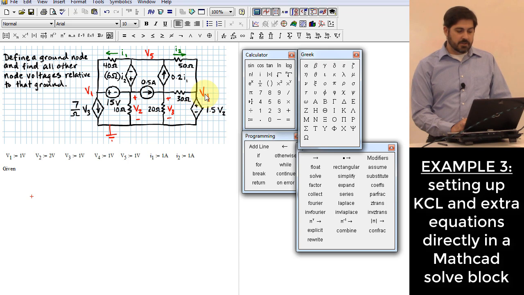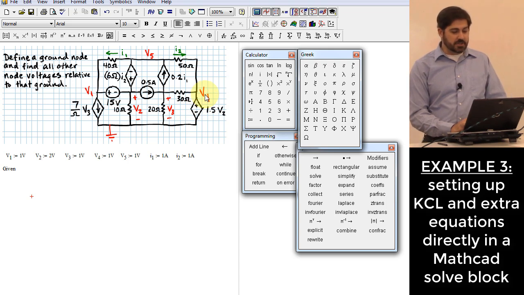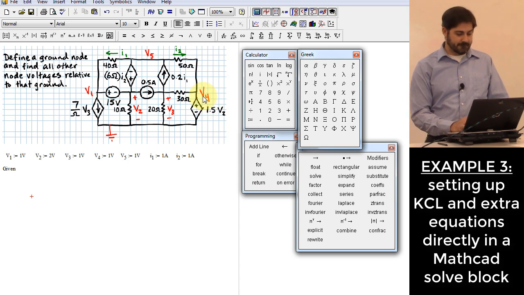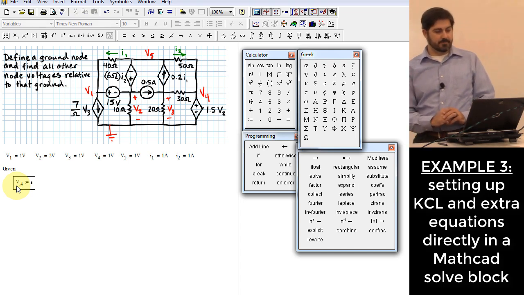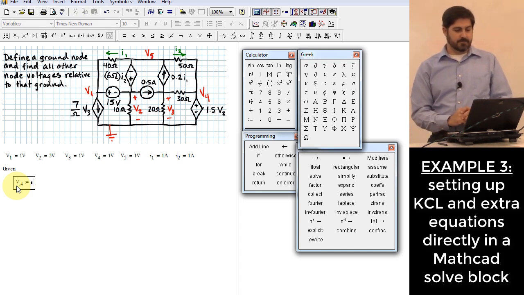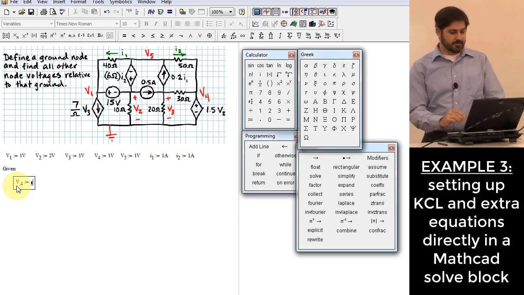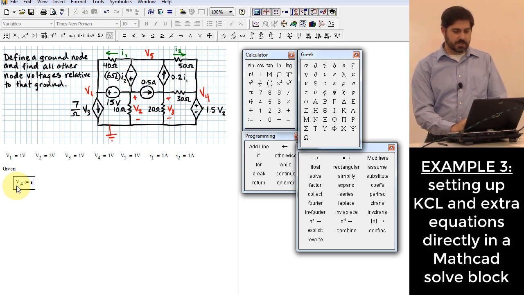Okay, so I tell you what, that might be one of my easiest equations to write right there. What is V4 going to be? What is this dependent source doing? It's holding V4 at 1.5 times V2.